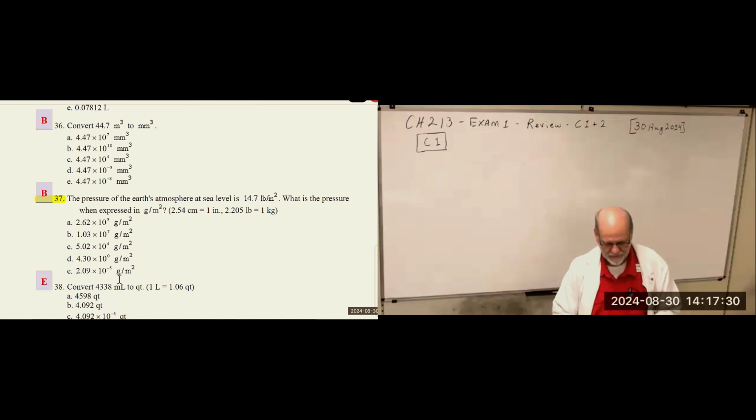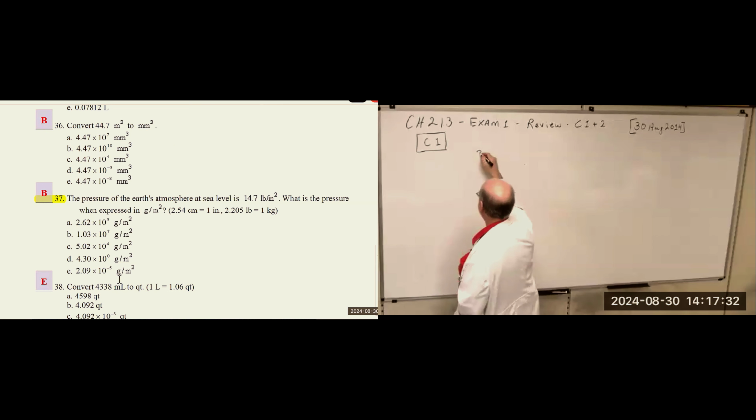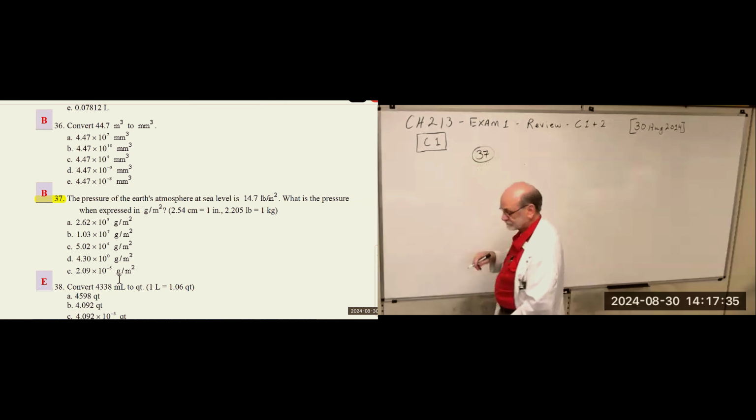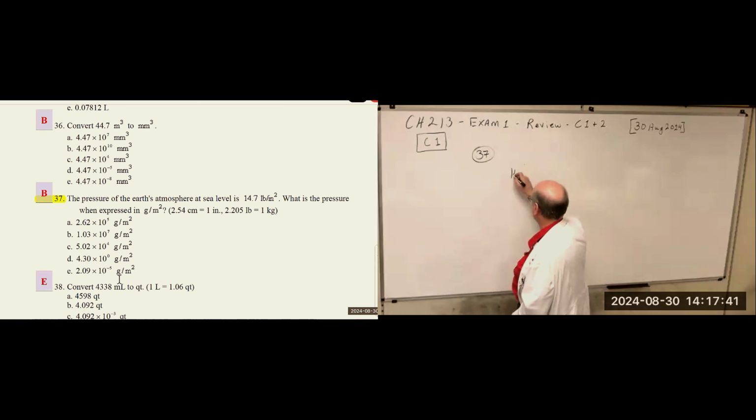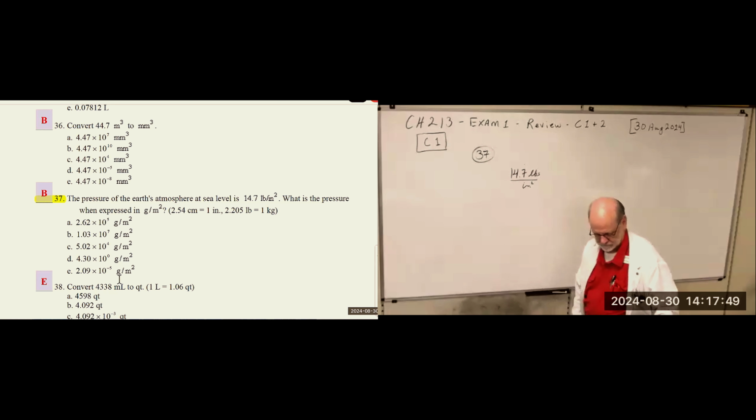37. The pressure of the Earth's atmosphere at sea level is 14.7 pounds per square inch. Pounds per square inch. We want to convert that to grams per square meter.